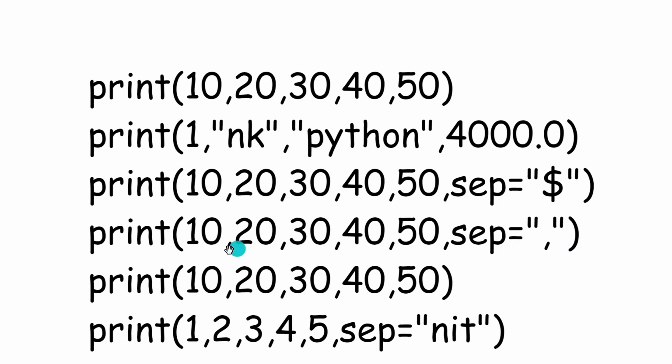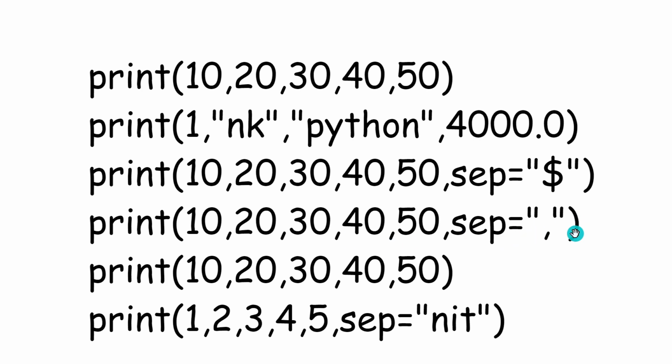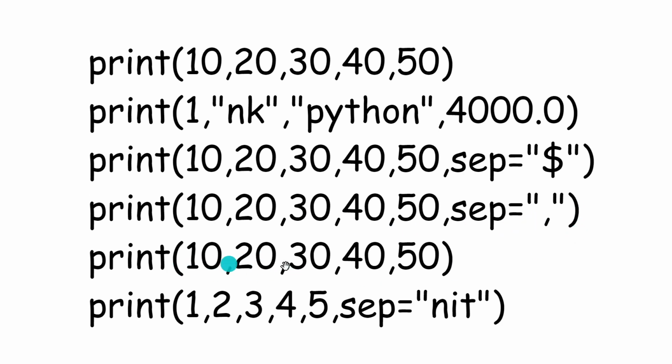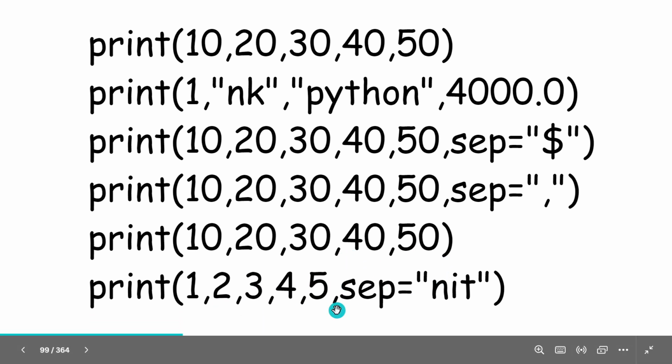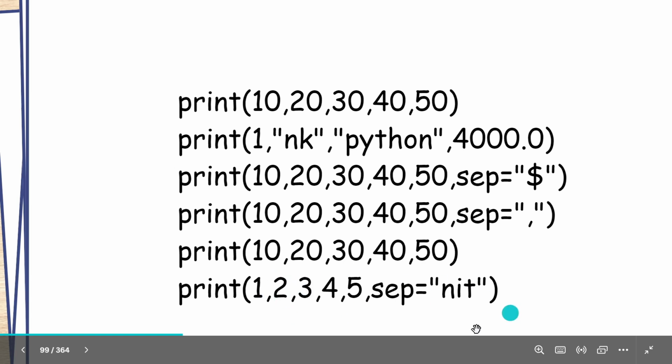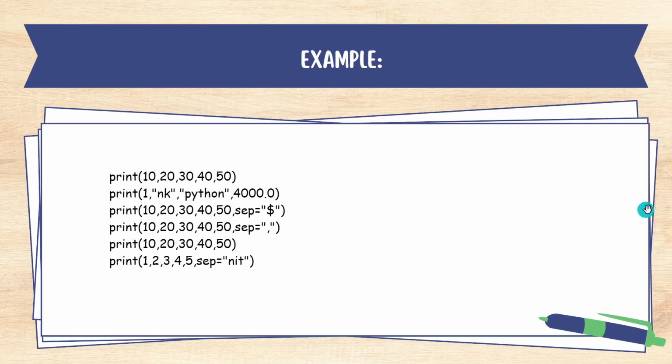And here it is simple space. And here is what? Space. Here what's the separator? Nil. So instead of comma we can keep a string or a symbol, and by default the symbol is space. Next slide.